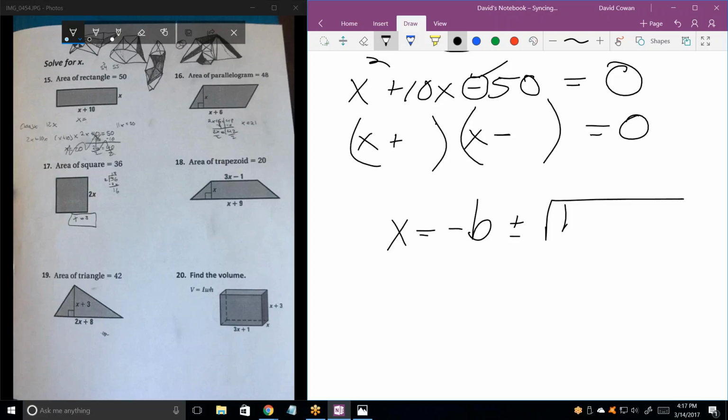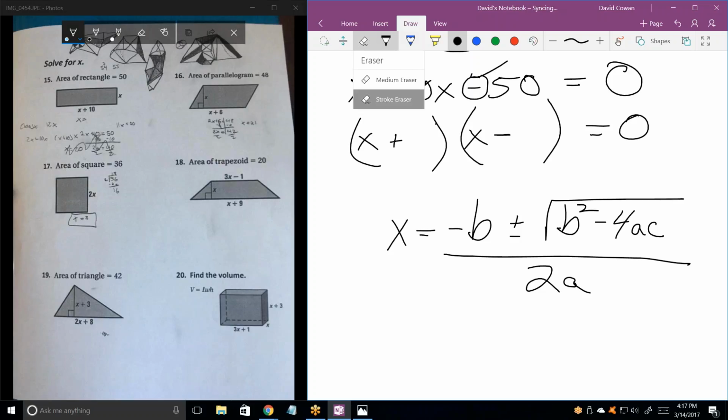Where you use the quadratic formula is when you have a quadratic that can't be solved by factoring. In other words, I could not find factors of 50 that subtract to 10. I found 50 and 1, that doesn't subtract to 10.